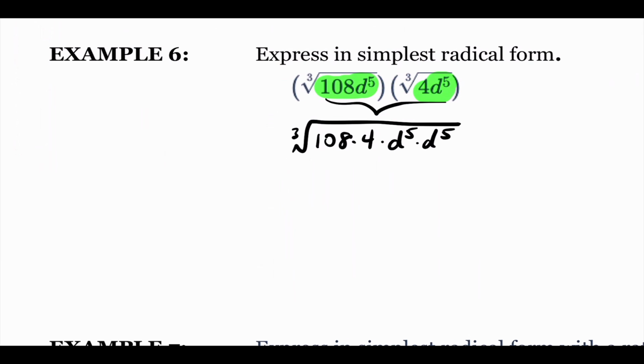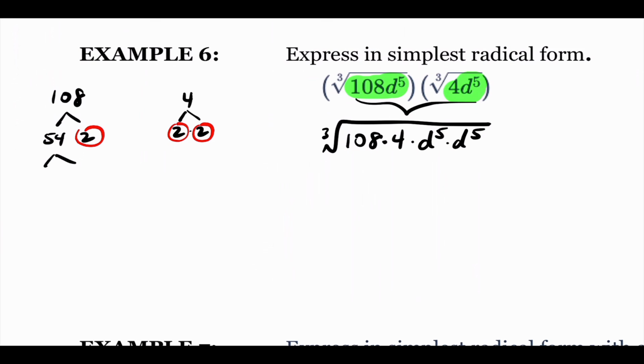So let me break down 108 and 4. 4 is 2 times 2, done. 108, 54 and 2. 54, 9 times 6. 9 is 3 times 3. And 6 is 3 times 2.